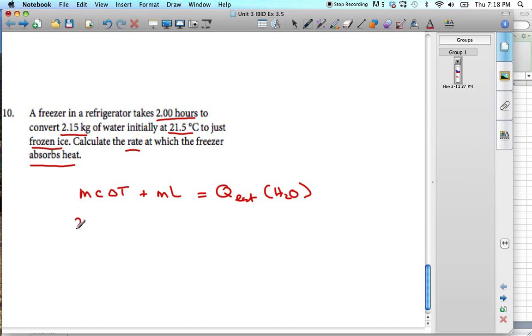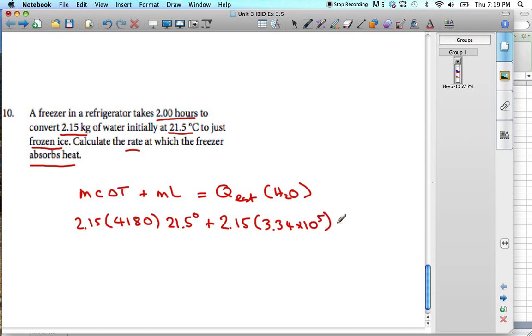So let's have a look at this. This is going to be 2.15 times the specific heat capacity of water, which is 4180, times the change of temperature, which would be 21.5 down to 0 degrees, plus then your mass again, 2.15, times the latent heat of water changing from liquid to ice, a solid, and that value is 3.34 times 10 to the 5.